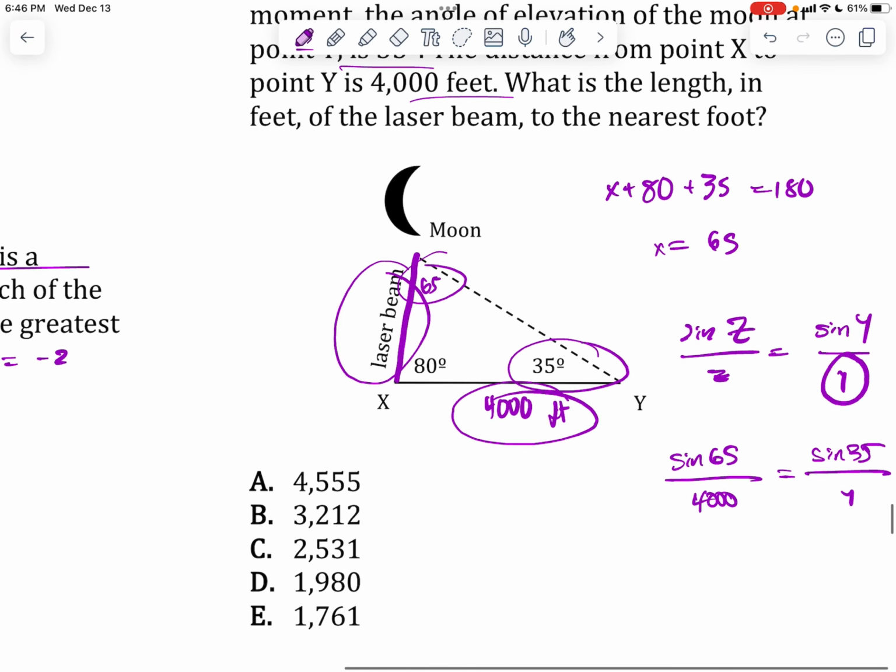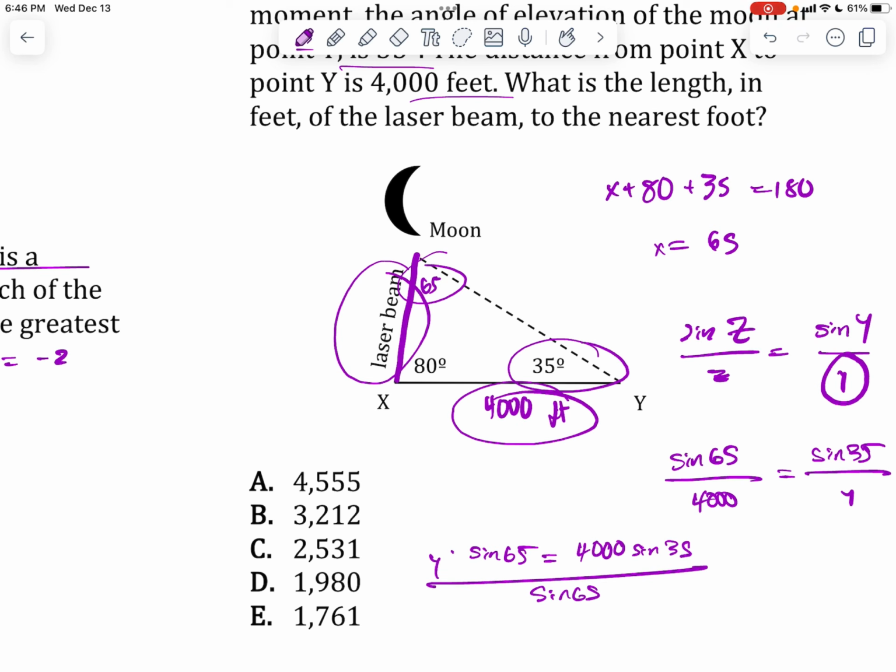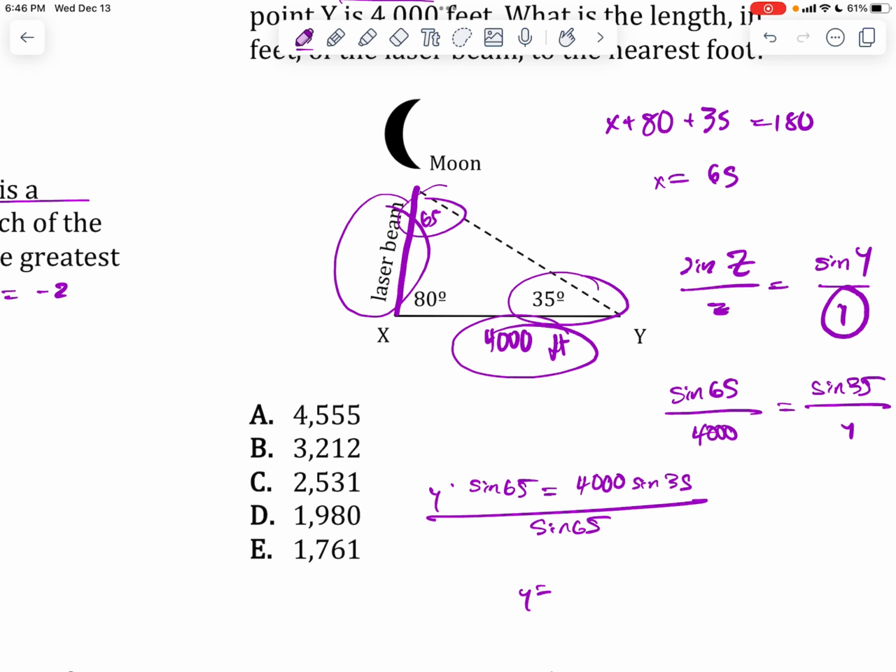All right. Now I can just cross multiply and divide. Y sine 65 is equal to 4,000 sine 35, so y is equal to 4,000 sine 35 divided by sine 65. So let's do sine 35 divided by sine 65 times 4,000: 2531.